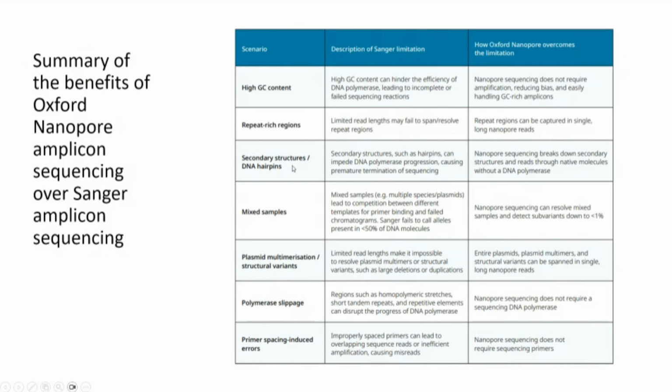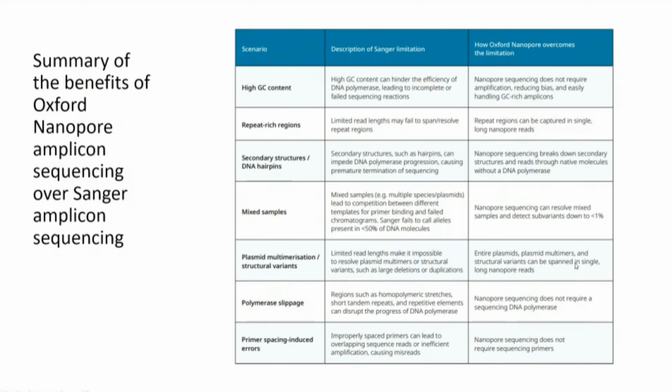And if there are variants, like heteroplasmic or heterozygous variants inside the samples, Sanger sequencing might not be able to tell us exactly what the variants look like in our samples. This limitation can be solved by using nanopore sequencing.